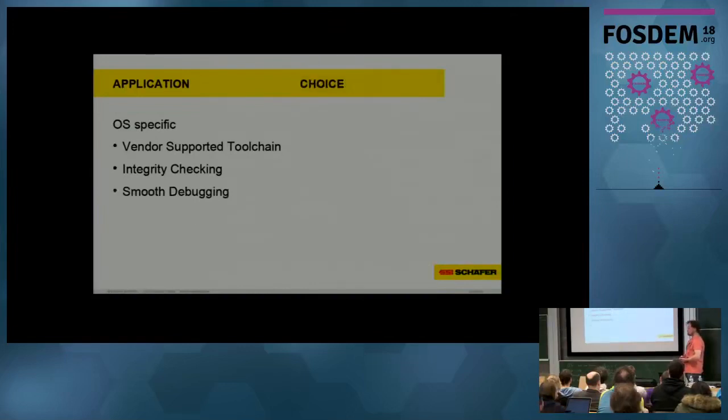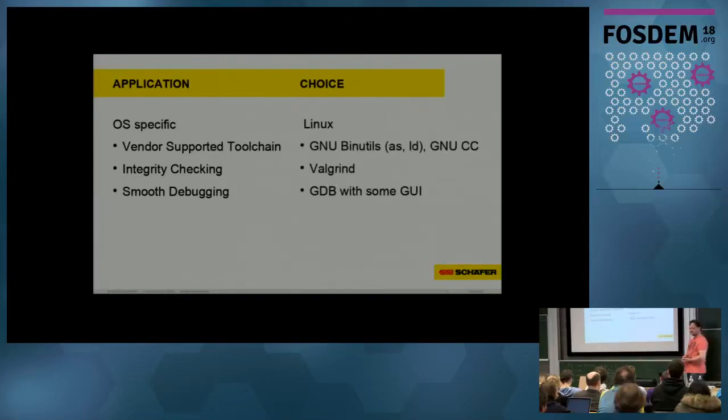So what are the choices for these requirements? For the application-specific part on Linux, of course, it's quite easy. There is the GNU toolchain. For integrity checking, there are things like Valgrind. And debugging, of course, is done with GDB as the backend, as the real debugger.